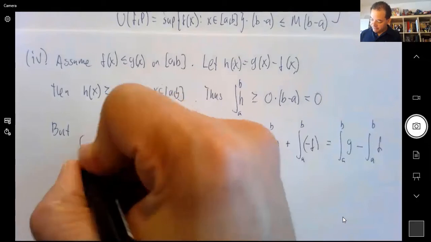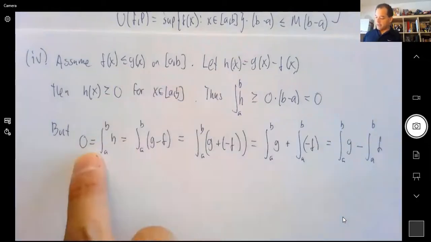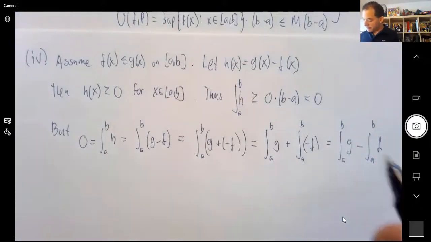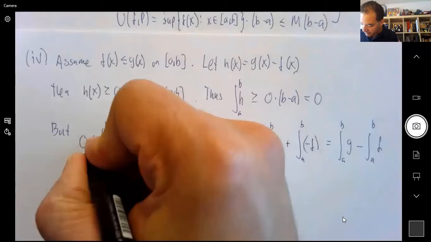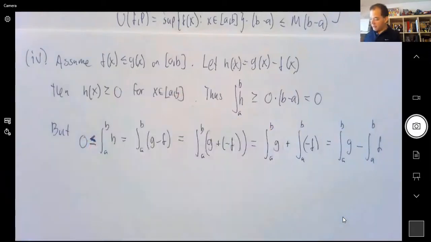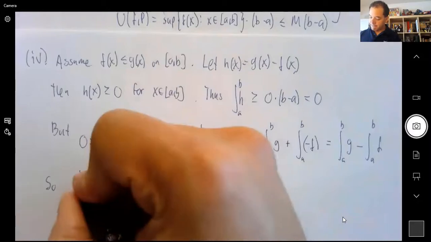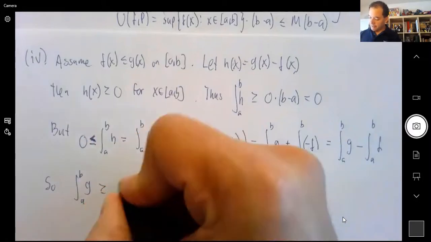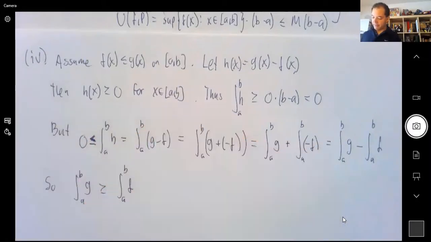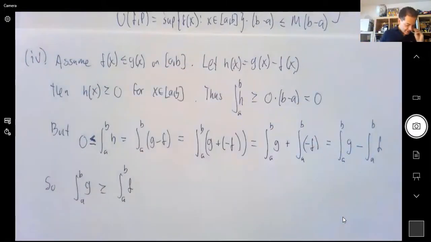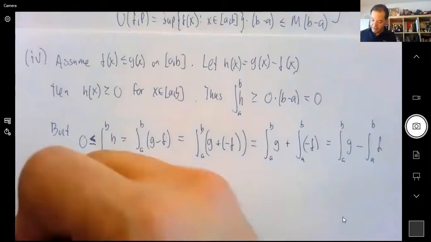But the integral of h is greater than or equal to 0. So then the integral of g is greater than or equal to the integral of f. So the inequality is preserved by the integral. Okay, and then 5.